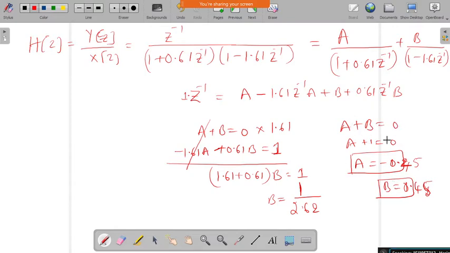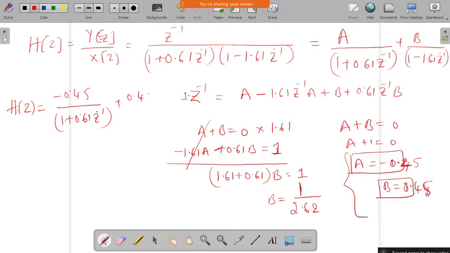So these are all the values of A and B. So now you can substitute here and you can write the h of z, which is equal to minus 0.45 divided by 1 plus 0.61 z inverse plus 0.45 divided by 1 minus 1.61 z inverse. So now this is what your h of z.